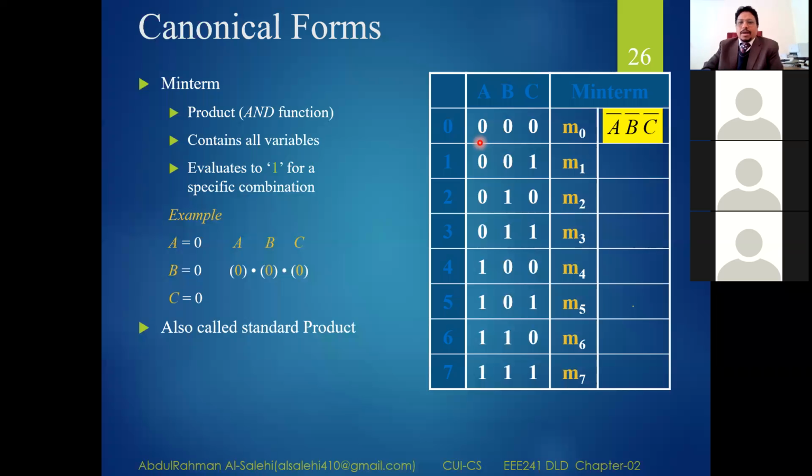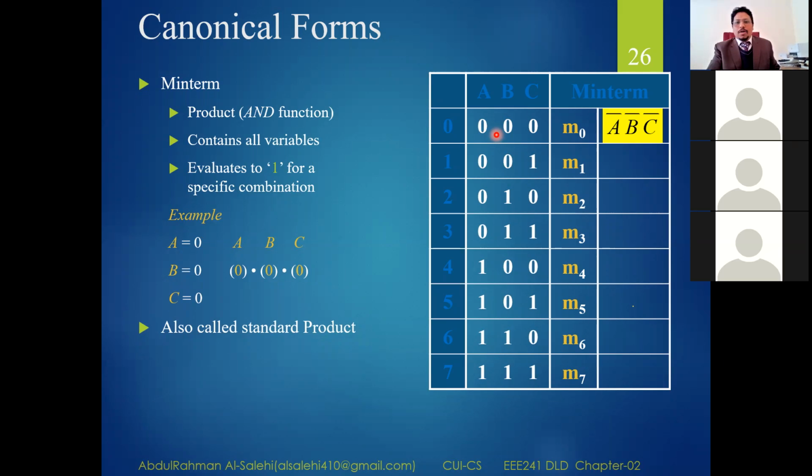It's 1. Then again B, what is the complement for B? It is 1. Then again C, what will be the result? It will be 1. So when I take the AND gate for them, it will give me 1. So this M0, I can say, is A prime, B prime, C prime in min term.